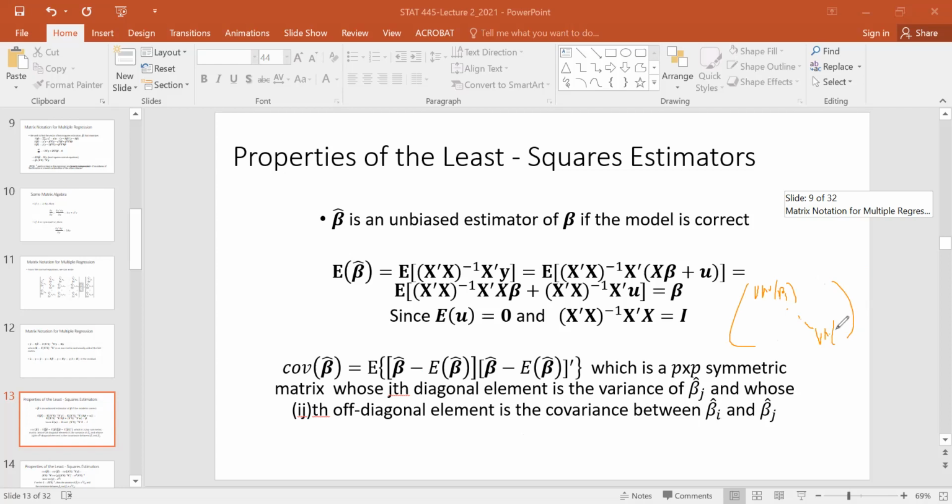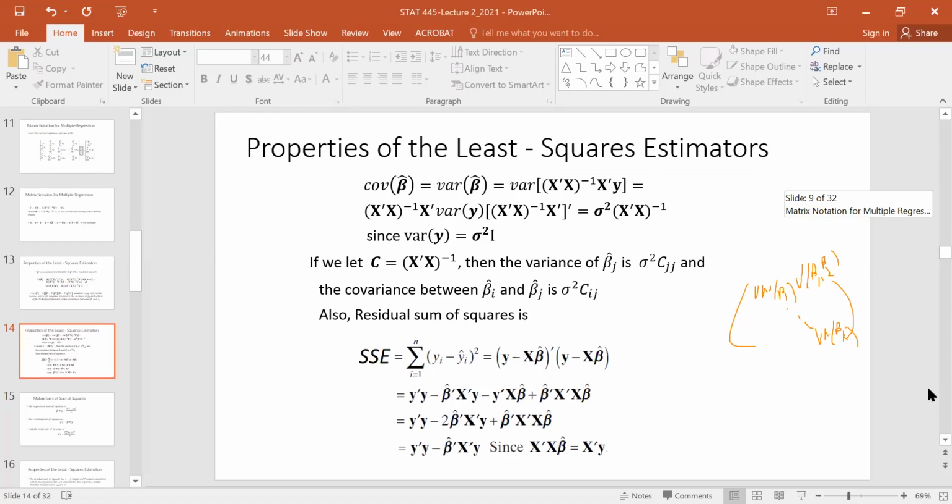This becomes the variance of what? The last one, beta k. And then the terms in the middle, for example, this can be the covariance of beta 1, beta 2. That's how this covariance matrix looks like. Okay, we'll probably have some examples at tutorials.